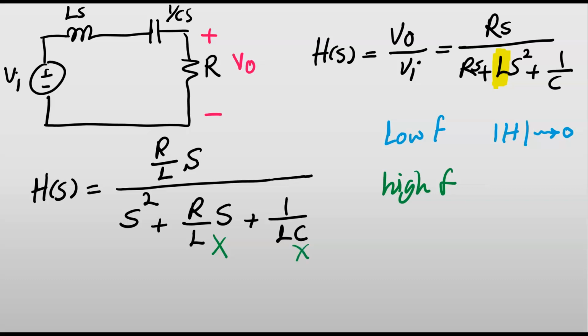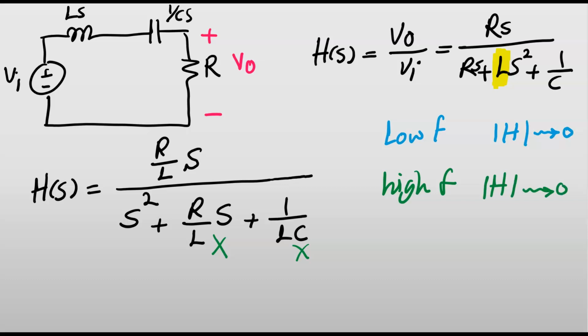So I'm just going to keep the highest degree in the denominator. Now, if you have S over S squared, because the degree of your denominator is greater, the magnitude of H will approach 0 again, and that's what we expect.